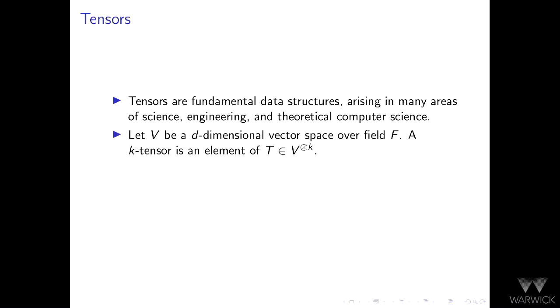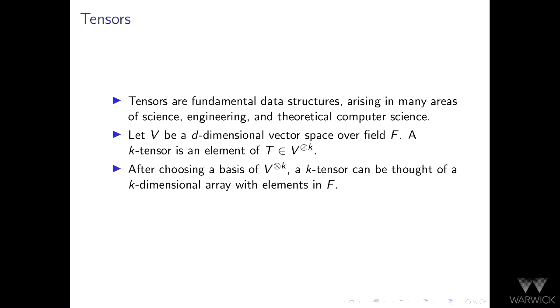If we let V be a d-dimensional vector space over some field F, then a k-tensor is an element of V tensored k times. After choosing a basis of V tensor k, we may think of a k-tensor as a k-dimensional array where each array element is an element of your field F. We'll generally focus on the case k equals 3 in this talk.